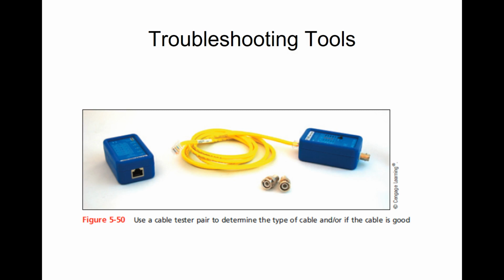Let me see if I can grab one really quickly, if one has not gotten moved. So these are what we're looking at about the $10 mark, these kinds of guys. So you can open it up and play with it. You plug a network cable into each end.